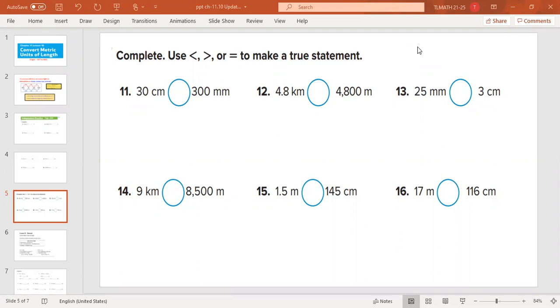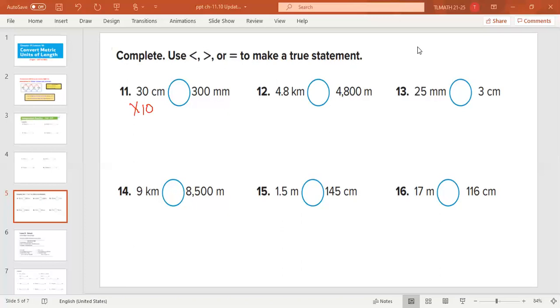So in my question here, number 11, I have to choose centimeter to millimeter. We can use also from milli to centi. Let's try now with centimeter to millimeter. When I want to change it from centimeter to millimeter, I multiply by 10. So here I'm going to multiply by 10 from centi to milli.